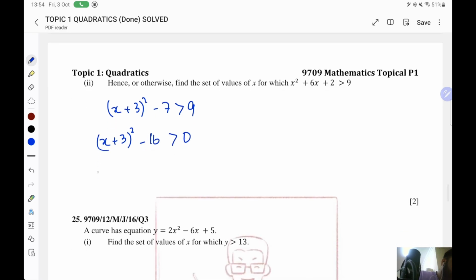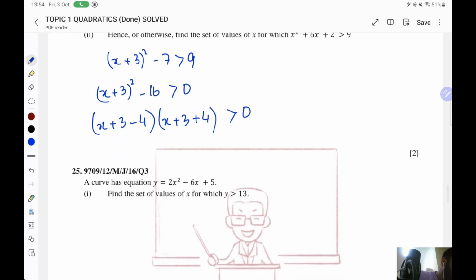This is the identity, a square minus b square. So you can write it as x plus 3, one time you'll subtract, and that is going to be minus 4, and one time you will add, that will be plus 4, and it will be greater than 0.